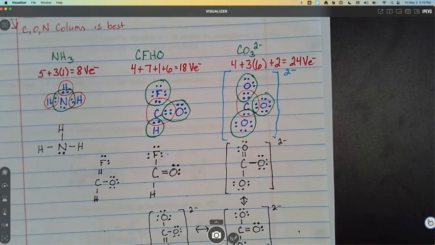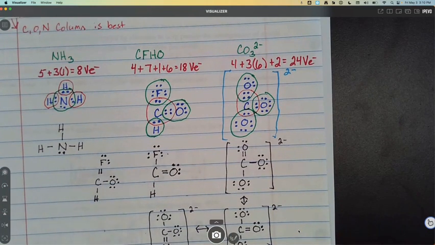And so we could have created really two possibilities here. Now, I gave you a little bit of a heads up that making double bonds between the carbon, oxygen, nitrogen columns is the best case scenario. But now I can use formal charge to prove that to you.